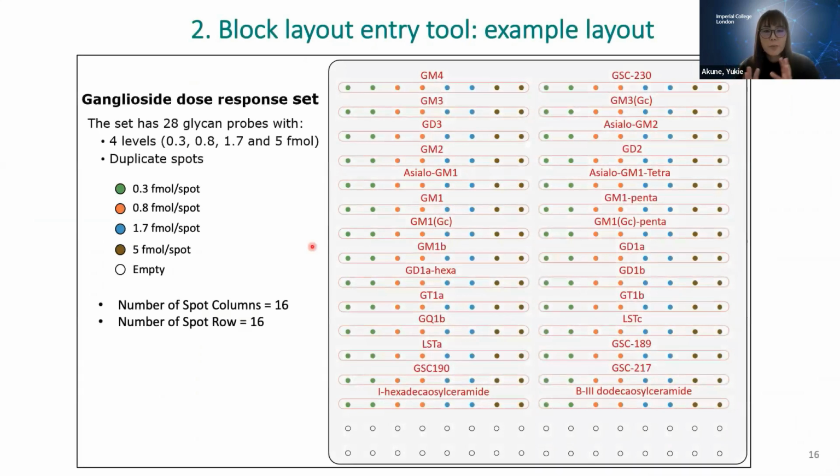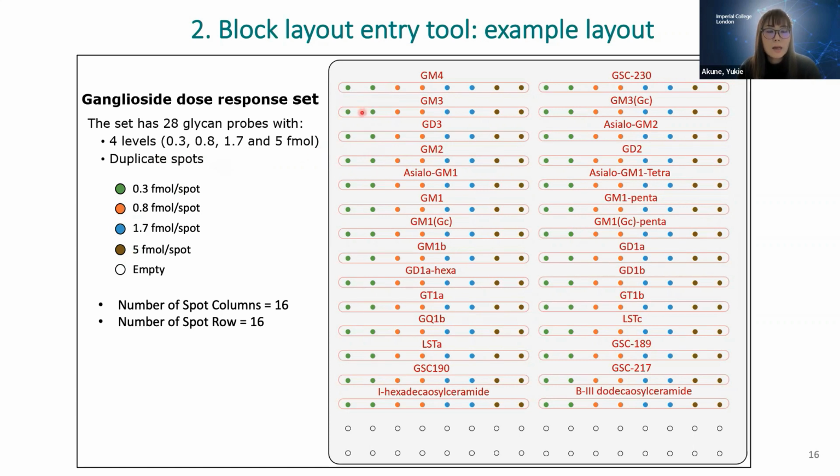This is an example of the Subarray layout. It has 28 Glycan probes in one subarray with 4 levels: 0.3 femtomole per spot represented in green, 0.8 in orange, 1.7 in blue, and 5 femtomole per spot in brown.